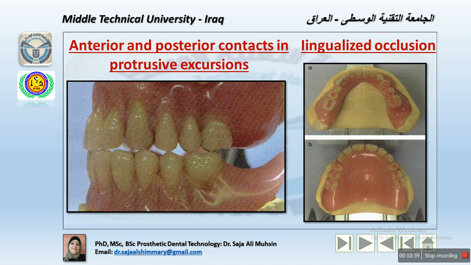Of course, the distribution of the force within the occlusal table is different with natural occlusion teeth than with lingualized. With lingualized, the occlusal table becomes narrower, so the load is limited to a limited area.